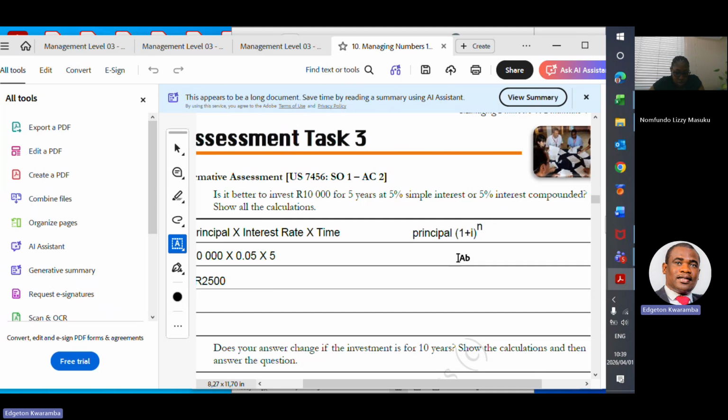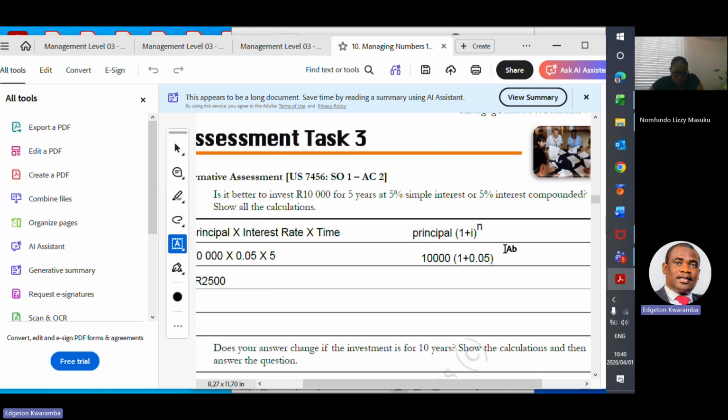You'll start with the principal, which is still 10,000. Then we open bracket, and then 1 plus i. Interest rate is 5%, so say 0.05, close bracket.